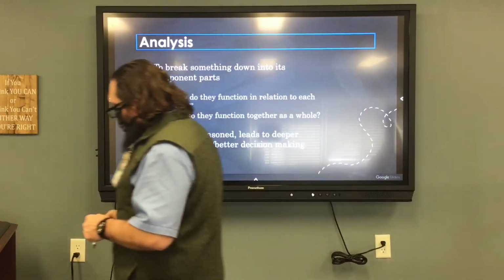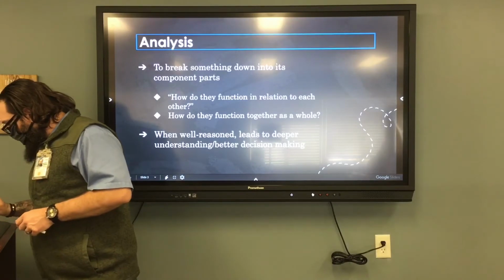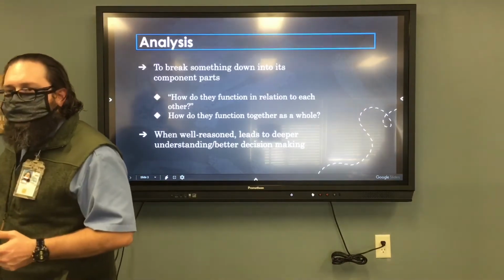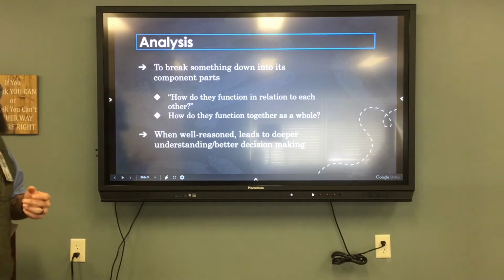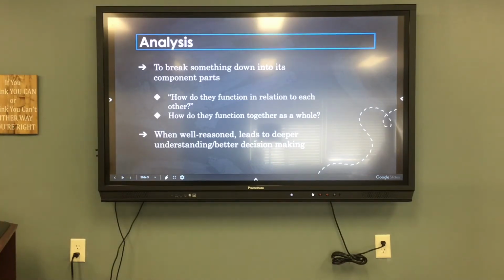So let's recap a little of the information that we discussed yesterday. Analysis simply means that we are breaking something down into its component parts, its individual pieces, and we are looking at how they function in relation to each other, as well as how they function together as a whole.